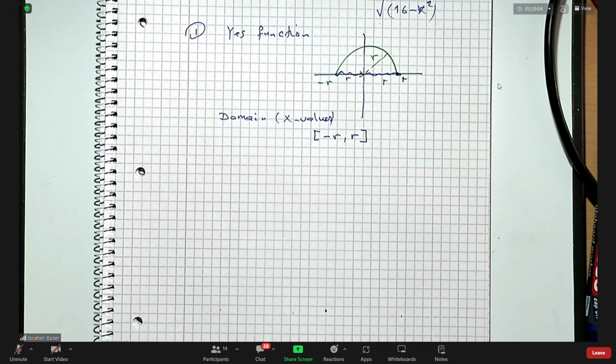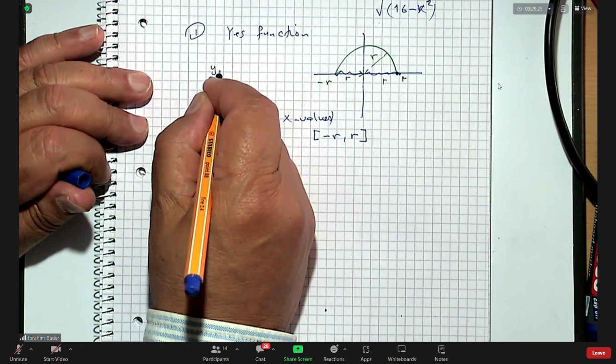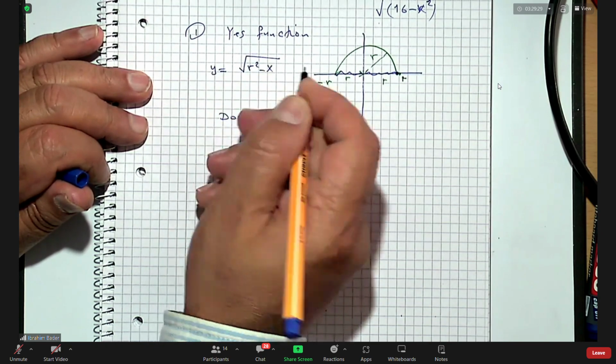It means the allowed input values that make sense, the x values that make sense. When talking about real numbers, what makes sense is that the amount under the root is not negative. So that means y equals the square root of R squared minus x squared.